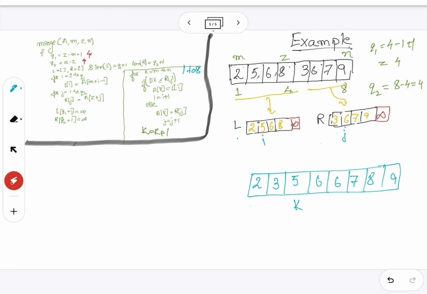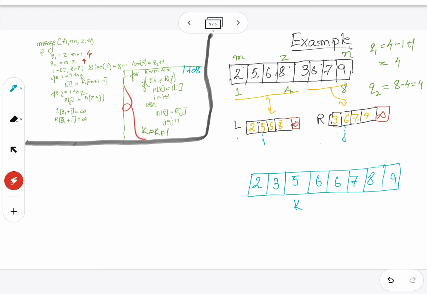So in merging, we give an array of some size. We put the first index, the middle index, and the n index. We take the sizes of both the left subarray and the right subarray. Then we initialize the left and right subarrays with one additional element each. Then we copy the left part and the right part accordingly into the left and right subarrays. Then at the last position we put infinity in each.